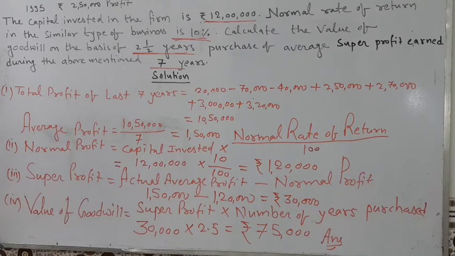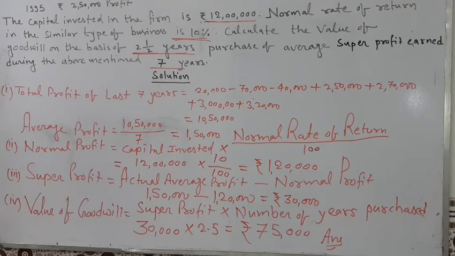Next, number 2, normal profit formula is capital invested into normal rate of return divided by 100. How much capital invested? 1,20,000 into 10 divided by 100 is equal to 1,20,000. Okay.